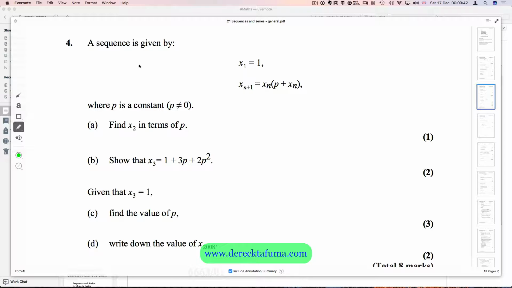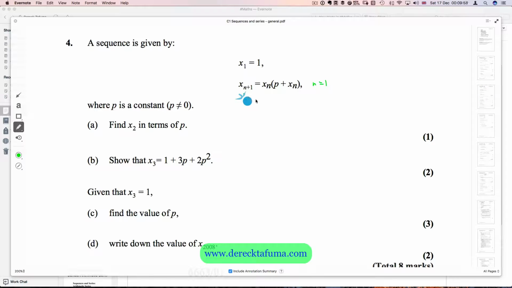So to find x2, we go to here, and this is x, and for this to become a 2, it means that n has to be a 1.